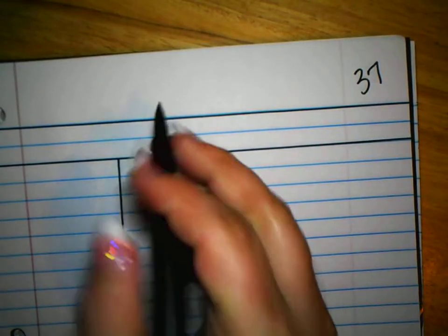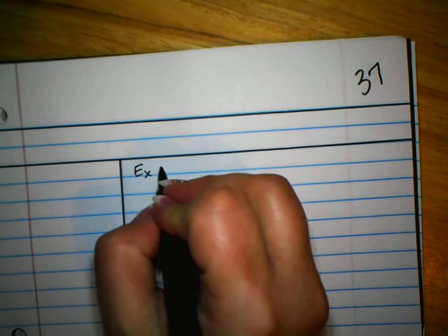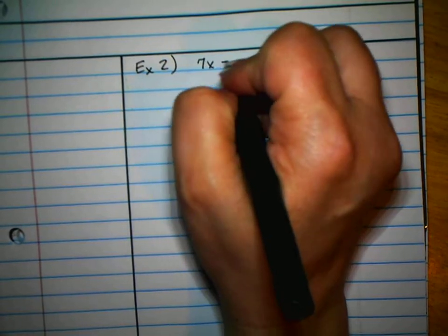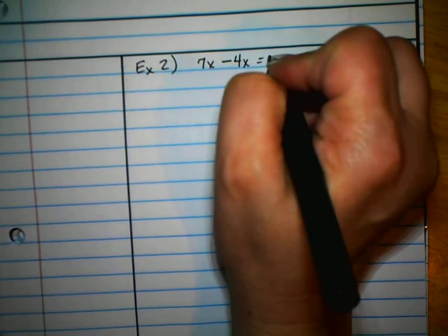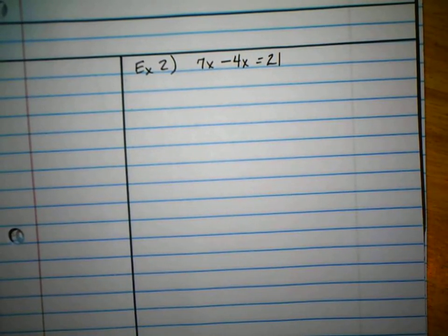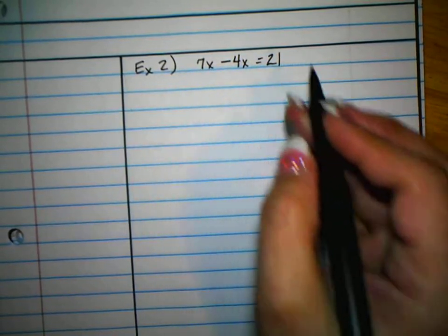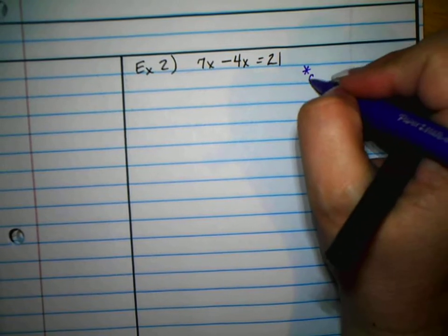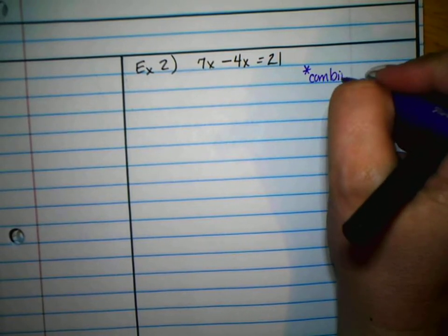Example 2. This one gives us a different step, because I can already tell you what I need to do here is combine like terms.